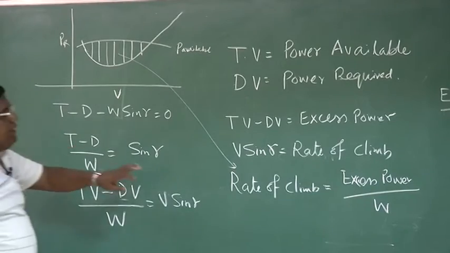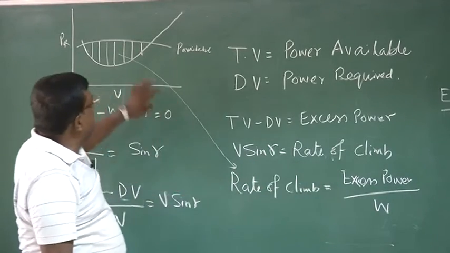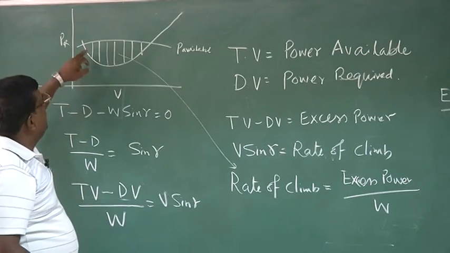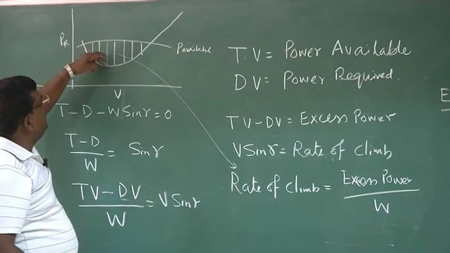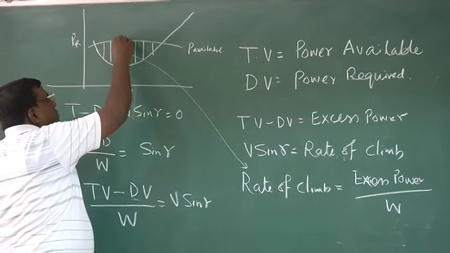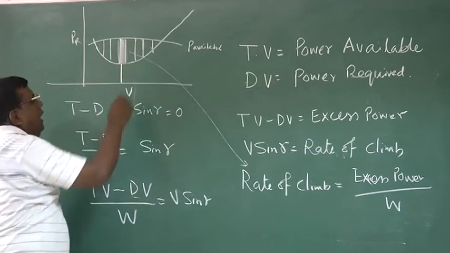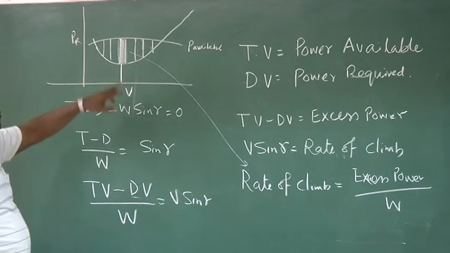So now, understanding this diagram, can you answer a question: at what speed should I fly to get maximum rate of climb? You could see here, the excess power goes on increasing and comes to a maximum value here, and then again goes on decreasing. And we know rate of climb is linked to excess power.